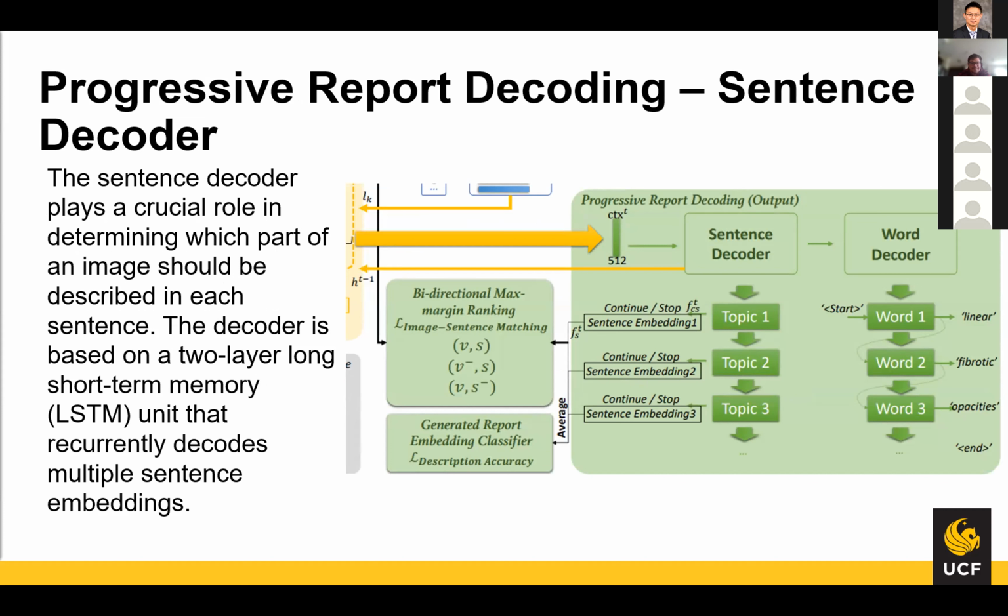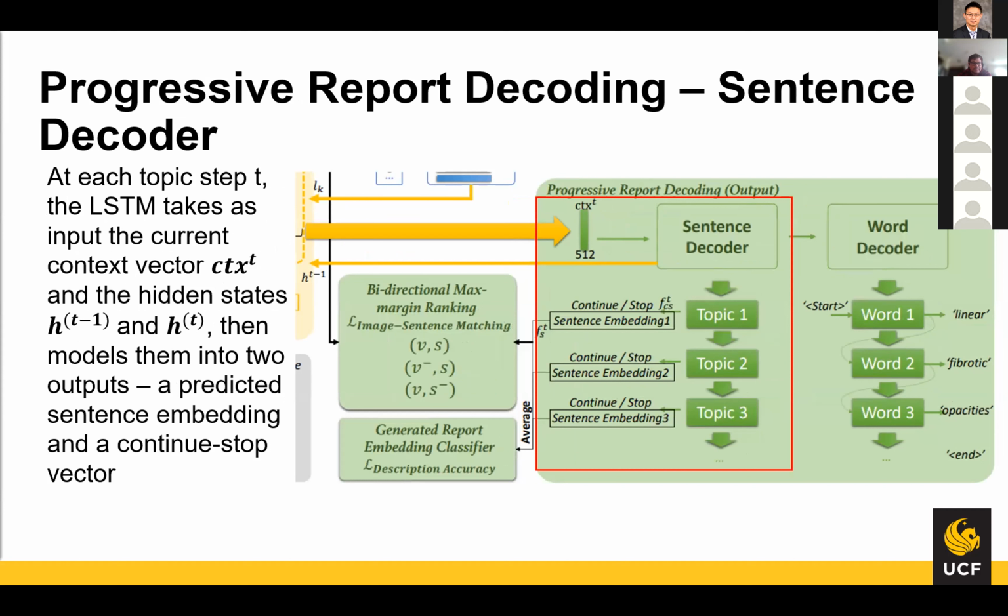No worries. So the sentence decoder just predicts sentence level embeddings. This isn't actually predicting the words that would be used in the report. At each topic, for each time step, the LSTM takes the input that we saw concatenated from all of the different inputs, the CTX vector and the hidden states, to output two different things.